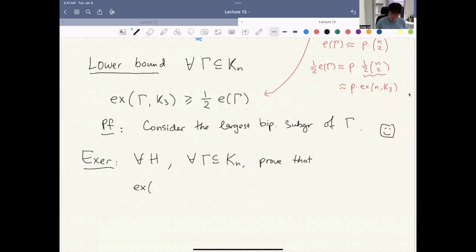The extremal number for H relative to Γ is at least the Turán density, so this is the Turán number normalized by n choose 2, times e(Γ).